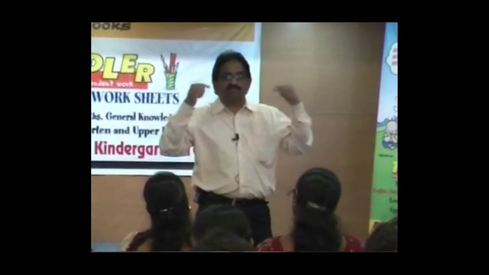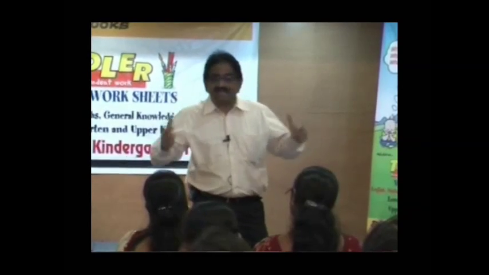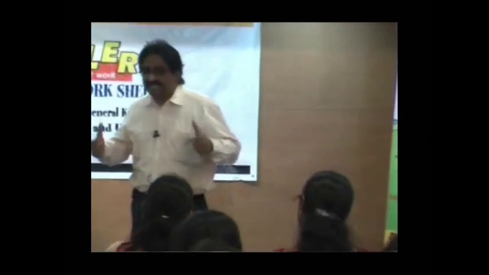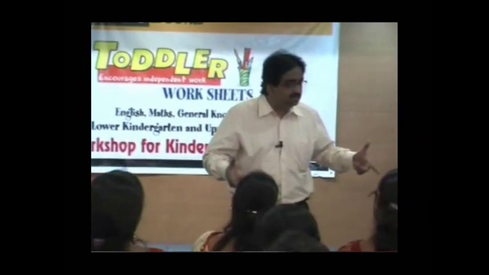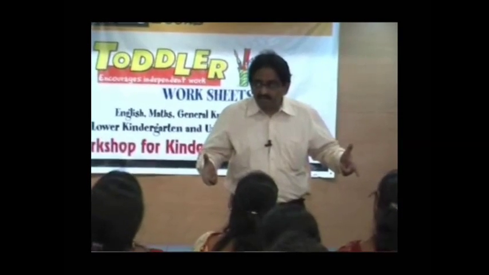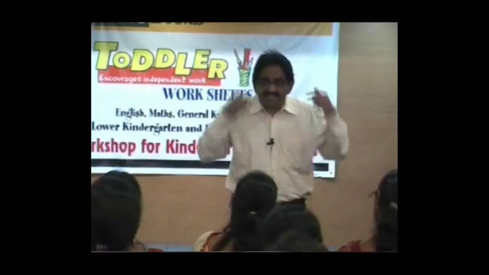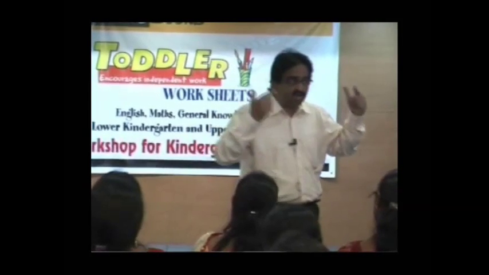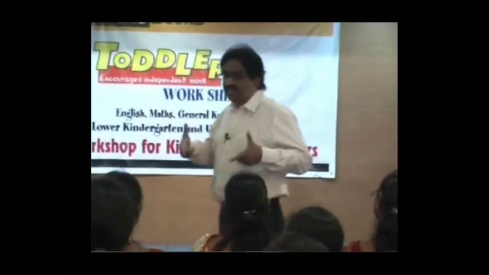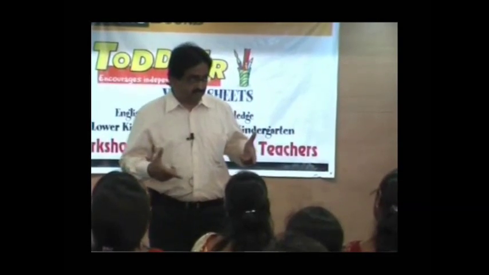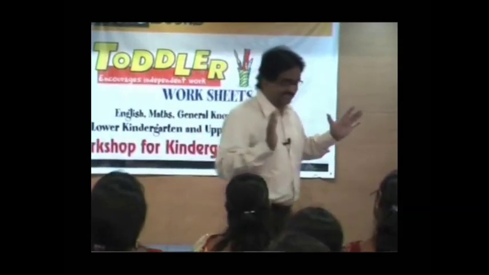The development of the brain of a kindergarten student gets developed fully by the age of? No. The physical development of the brain, I'm talking of the physical development of the brain, gets over fully by what age? 6.